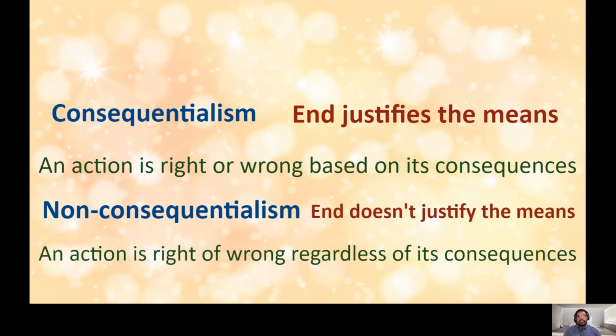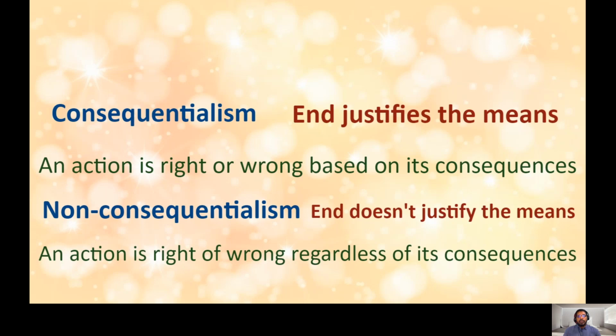A right action is the one which is right on its own merit, not because of the consequences it produces. The wrong action is wrong on its own merit, not because of the bad consequences it produces. So the principle this school adopts is the end does not justify the means. This school is also often known as deontology, and I shall discuss this school a little later.